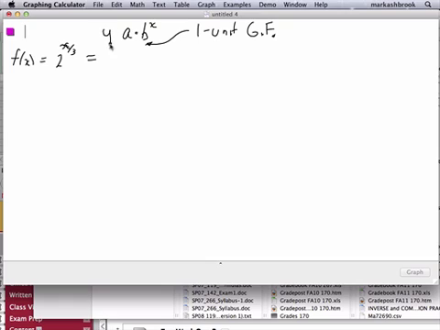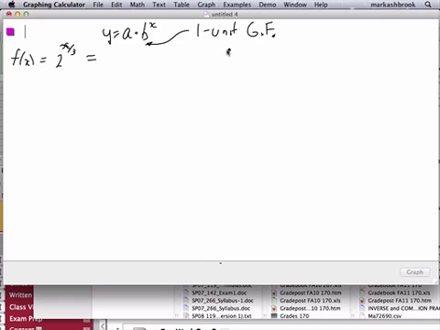So let's call this y equals a times b to the x. 1 unit of a. What does the 1 unit refer to? B is what we would multiply by every what? 1 unit of... Okay, we know we multiply b by the old output to get the new output, but why is it called the 1 unit growth factor?